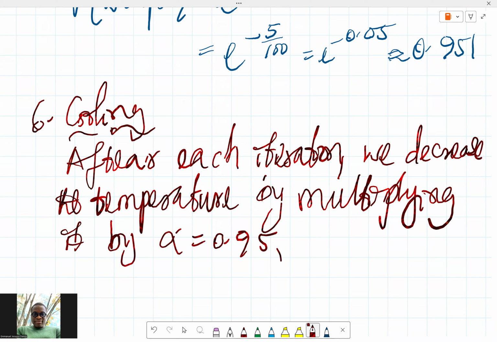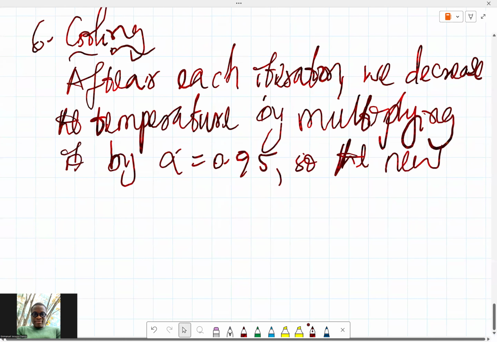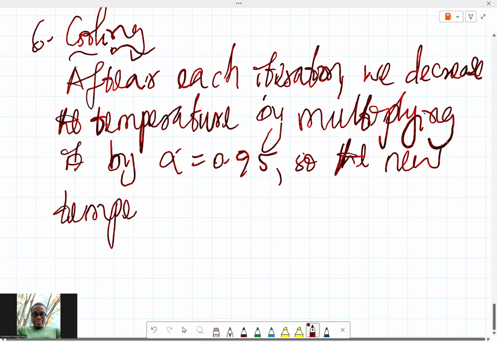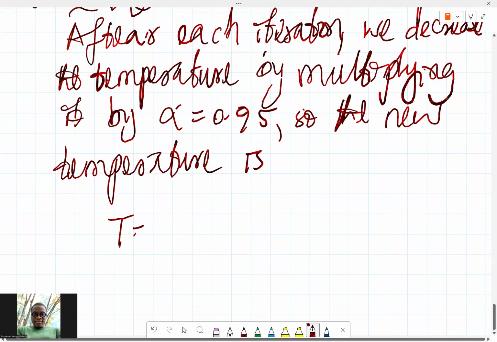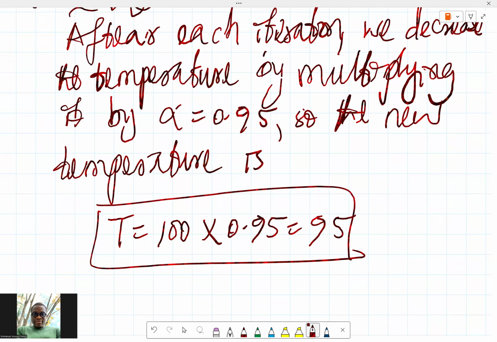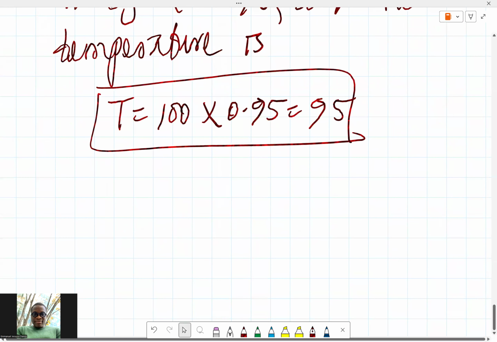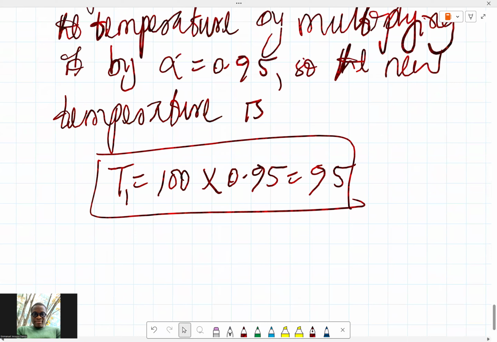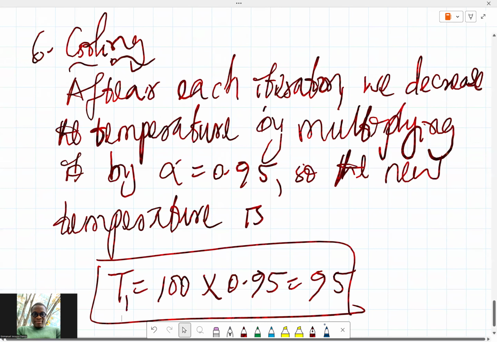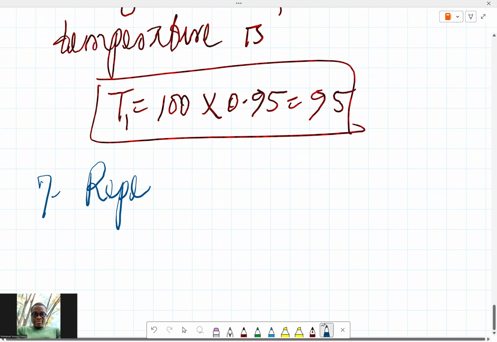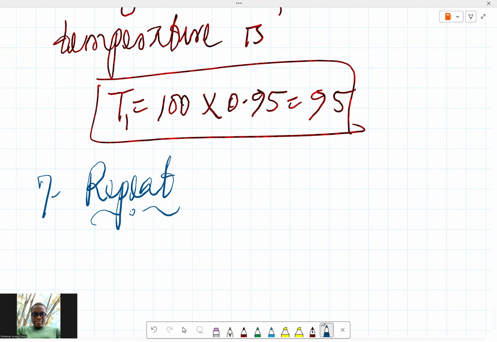So the new temperature is T equals 100 times 0.95, which is 95. We can call that T1. We now repeat the step, step 7 in this case. So repeat. That's what happens at the end of the day.